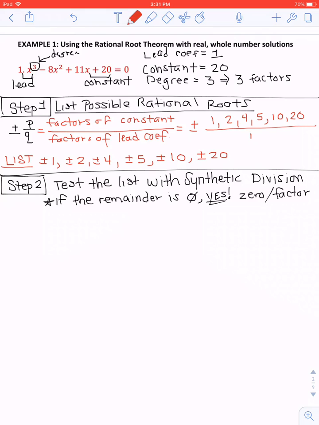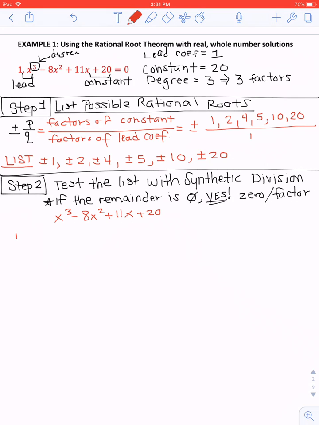So we are going to start with positive and negative 1. So we are using x cubed minus 8x squared plus 11x plus 20. All right, that is what we're dividing. We're going to start with positive 1 and negative 1.